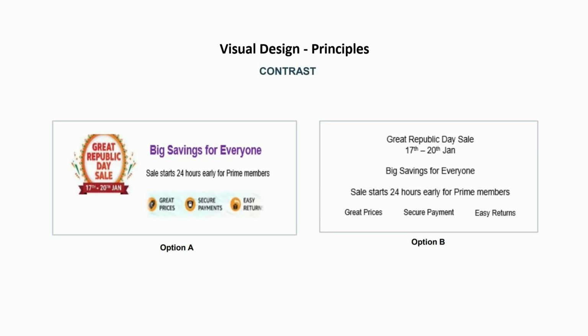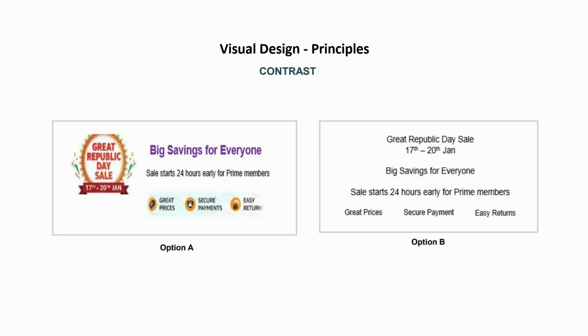We are looking at the key ad, which is Great Republic Day sale. We know for a fact there is a sale. Next, I know there are going to be some savings. It is getting me more and more excited, right? Then I'm looking at great prices, secure payments, easy return, a little bit more excited. Then finally the sale starts 24 hours early for Prime members, least highlighted, or least contrast.